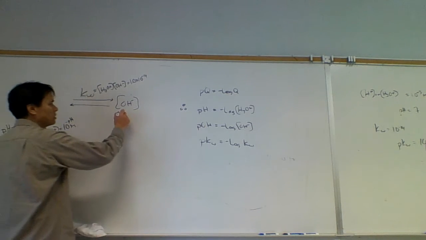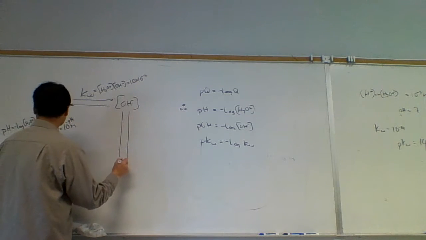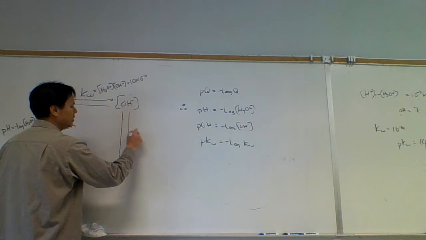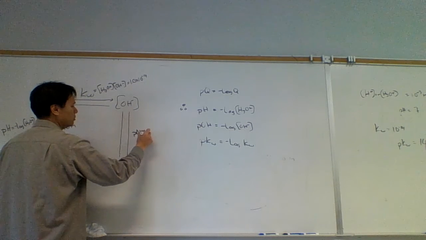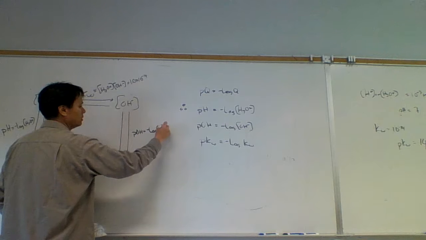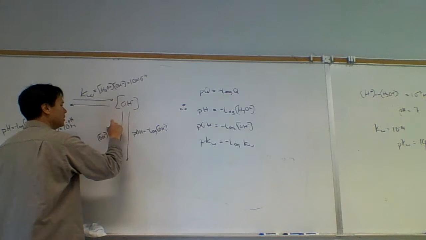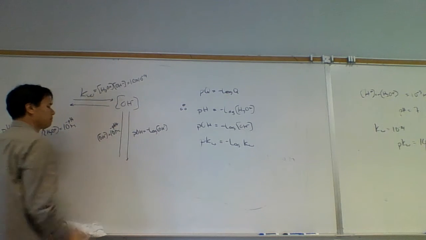The same thing with the hydroxide. We can do the same type of calculations with hydroxide. pOH is equal to the negative log of the hydroxide ion concentration. And for the OH minus, we would take the anti-log, which is 10 to the minus pOH power molar.